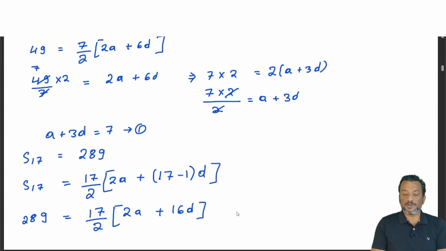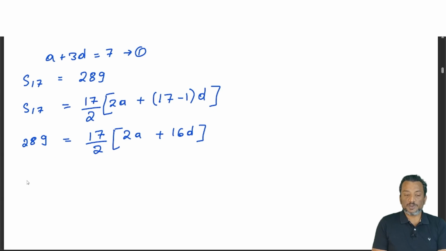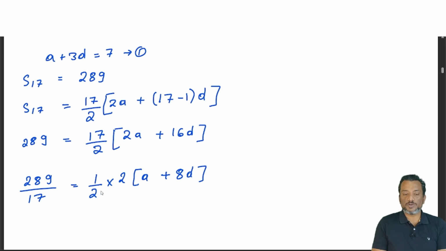Taking 2 common inside and bringing 17 to this side, 289 divided by 17 is 17. So 2 cancels, and you get your second equation: a plus 8d is equal to 17. This is your second equation.